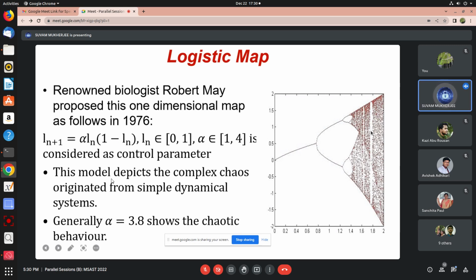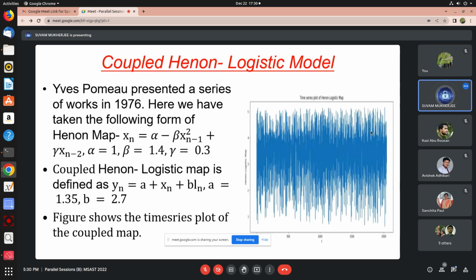This model also depicts the complex chaos originating from a simple dynamical system, and generally the value of alpha taking 3.8 shows the chaotic nature. So what's our target? Our target is to generate some chaotic sequence through this map and ultimately encrypt some image in a nice format.